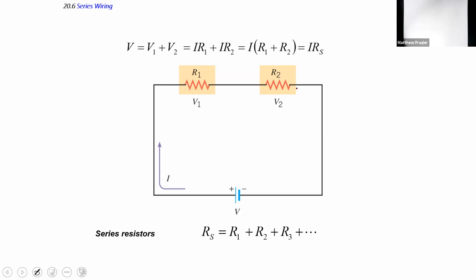And that's kind of what you saw in the lab, right? In the lab where you're comparing brightness and such. You added a light bulb, you doubled the resistance, and so you halved the current, you halved the brightness. And if you added a third bulb, you would have tripled the resistance, and so you cut the current by a third.